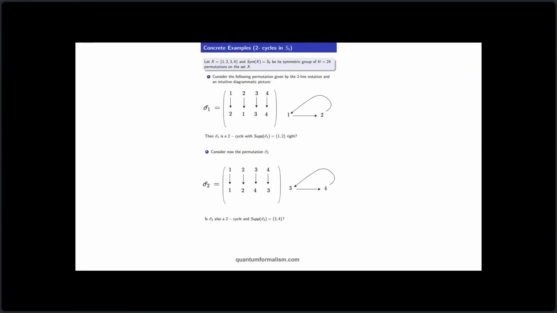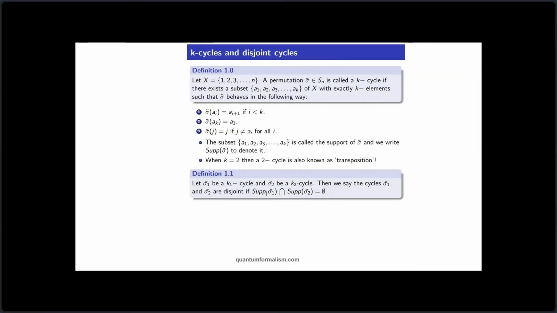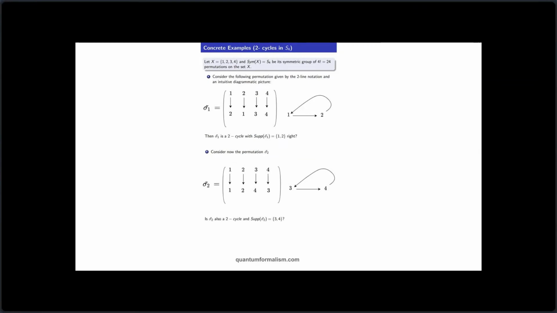By definition. I think disjointness doesn't even matter about the cycle. It's that the subsets are disjoint, with null intersection.